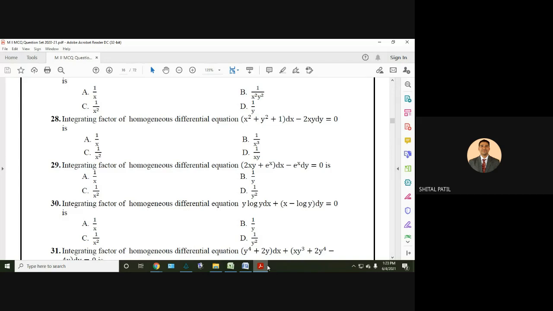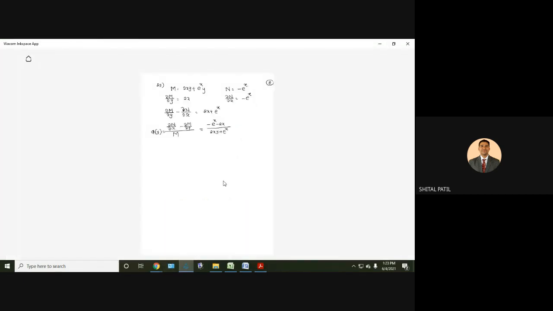Printing mistake is there in the example. As I told you in the morning, if you are not able to solve the example, change the example. I have written y here. I'll cross check it and let you know. So del M by del y is 2x plus e raised to x. So the difference is 2x plus 2e raised to x. Please make the required change.